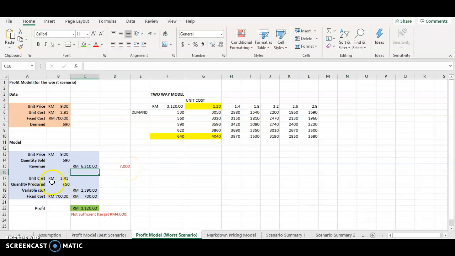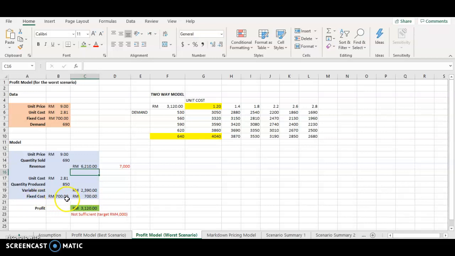And for the unit cost is 2 ringgit and 81 cent. For the quantity produced is 850 unit. For the variable cost is where unit cost times with the quantity produced, and I will receive 2,390 ringgit.